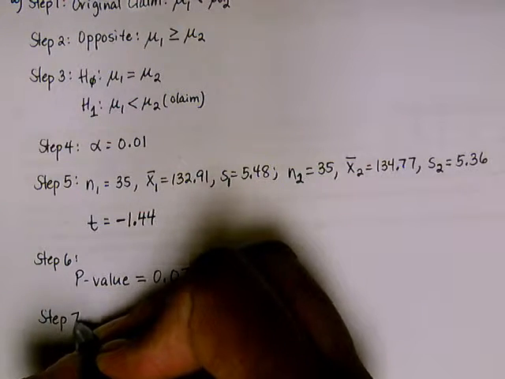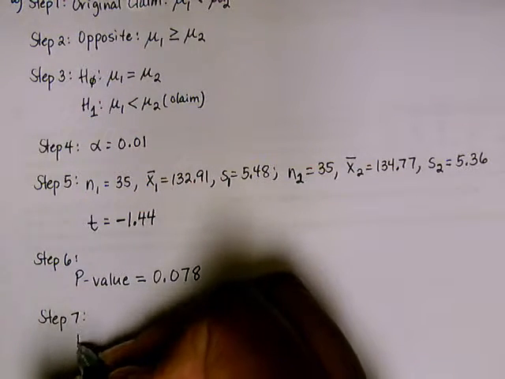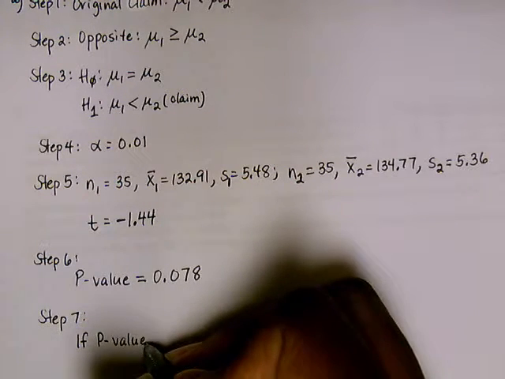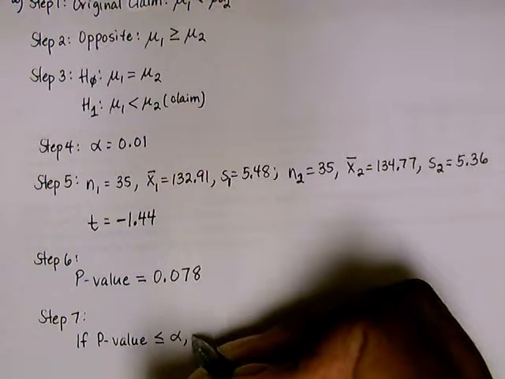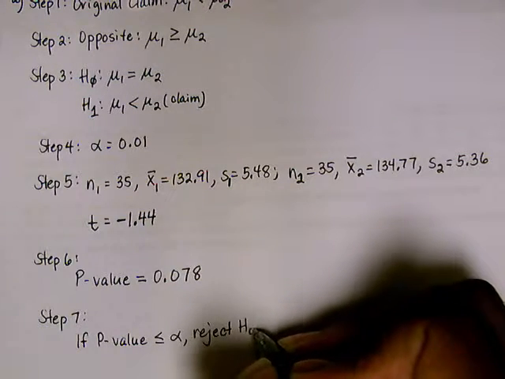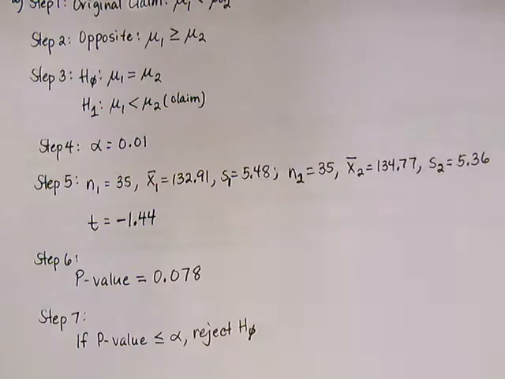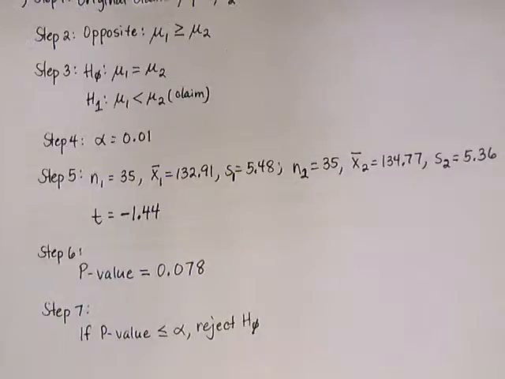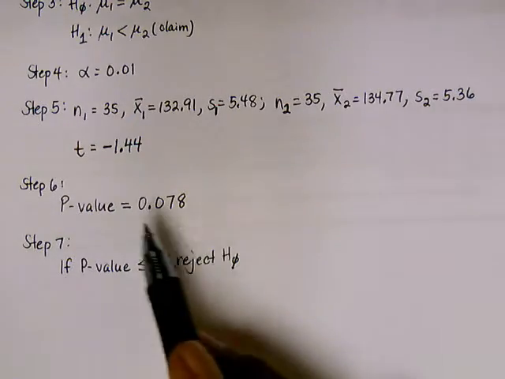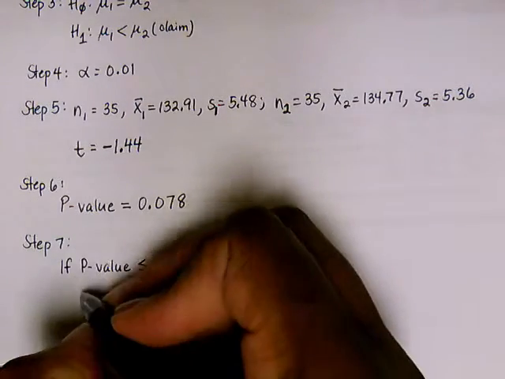Okay, now step number 7 is the decision rule. And that's this: if your p-value is less than or equal to alpha, reject the null hypothesis. Now the p-value there is 0.078.